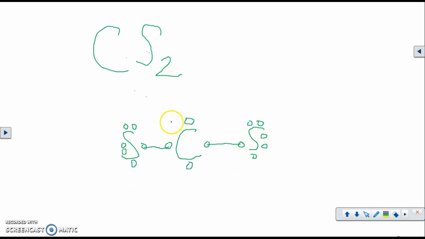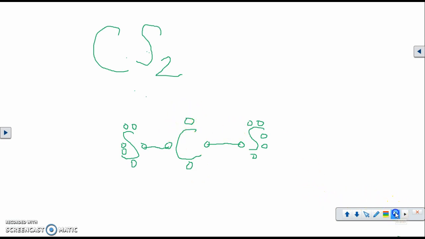Then you count. This sulfur still has its 6 valence electrons, but now it's sharing 1 more from carbon, so it now has 7 valence electrons. This sulfur is the same, 7. This carbon, if you count, has 1, 2, 3, 4, 5, 6. So as you can see, the octet rule in this case is not satisfied.